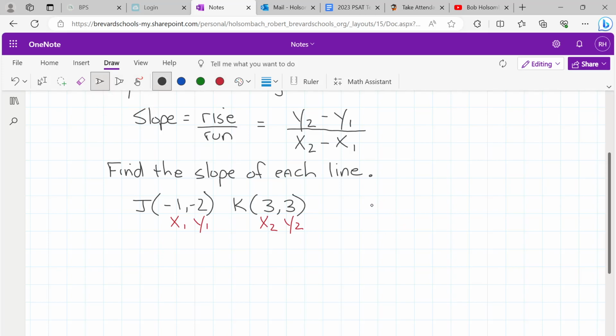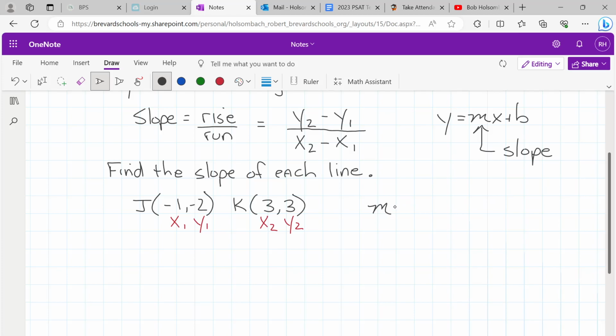And the lowercase script m is the symbol for slope, because in the slope-intercept form of a line, which is y equals mx plus b, whatever's sitting in the m position, the spot between the equal sign and the x, is the slope.